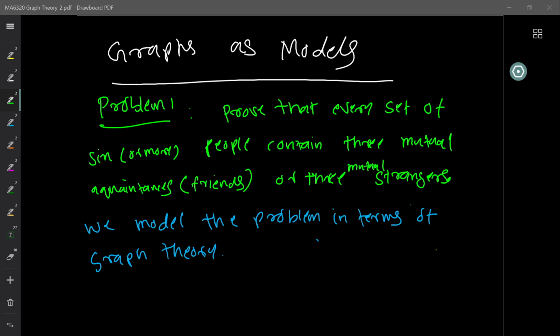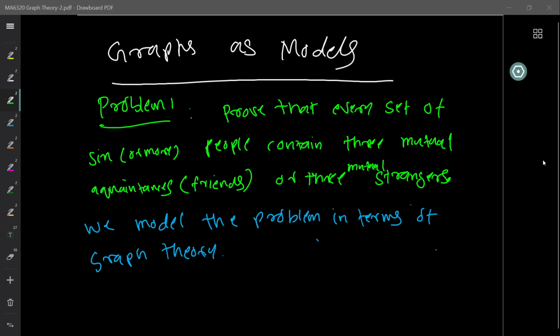Now, once you have this, the question reduces to asking if you can find in this graph representation three vertices which are adjacent to each other, which is a complete graph as a subgraph, which by the way is called a clique.